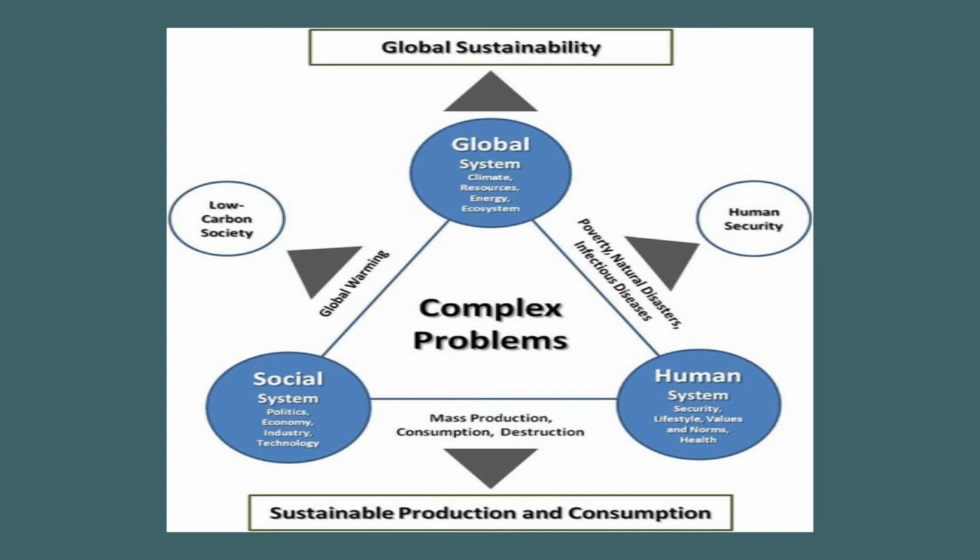So this is how these three systems interact with each other, and how they are interlinked. What we can say is that different individuals make a social system, and this social system maintains the global system.